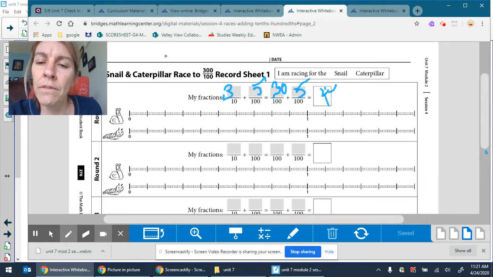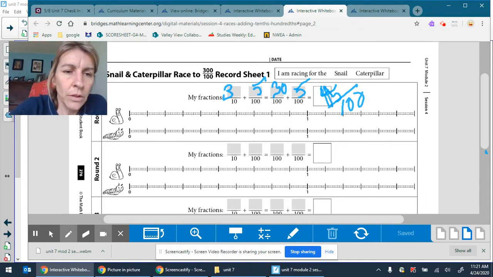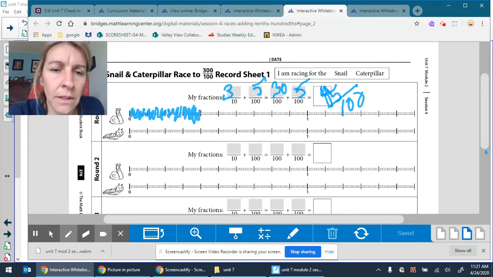That would be 45 hundredths. And then you move your snail to the 45 hundredths mark, which is 10 hundredths, 20 hundredths, 30 hundredths, 40 hundredths, and then we just need 5. So you'd be right there, 45 hundredths.